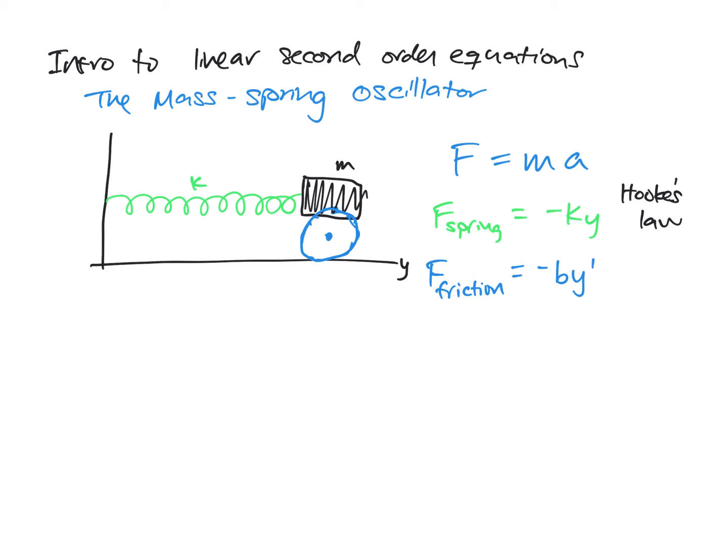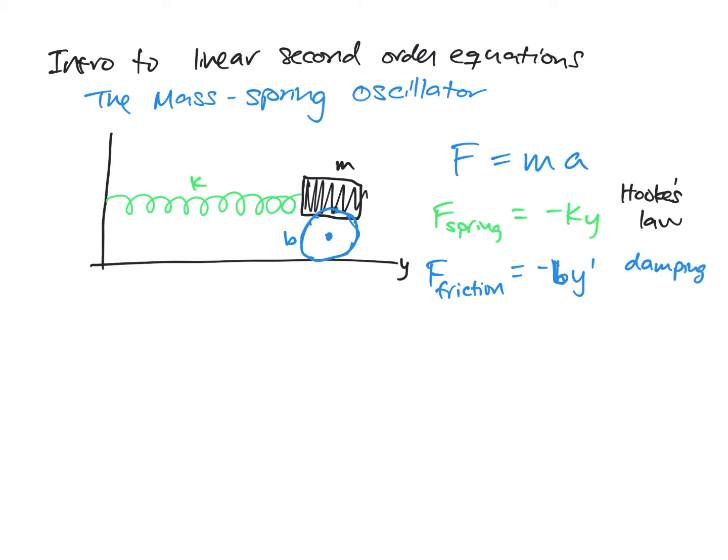So the faster you're going, the more that friction will matter. And that's modeled by this proportionality constant b, which is called the damping coefficient.